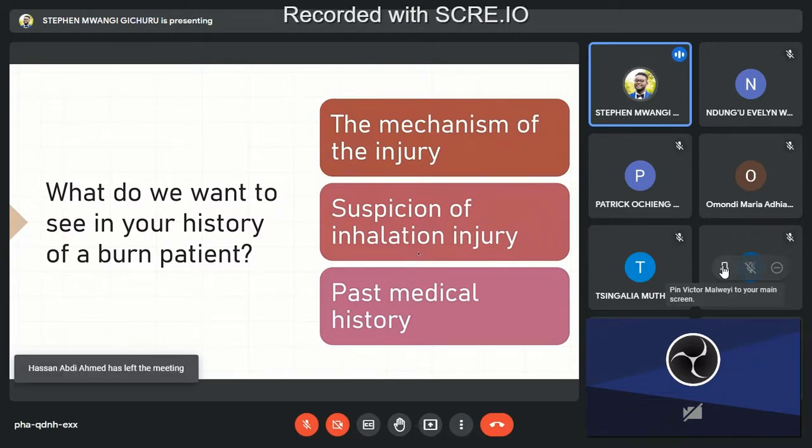It's a mnemonic. Okay, you can go check. For past medical history, you use the SAMPLE. It's a nice way of remembering all major past medical histories.